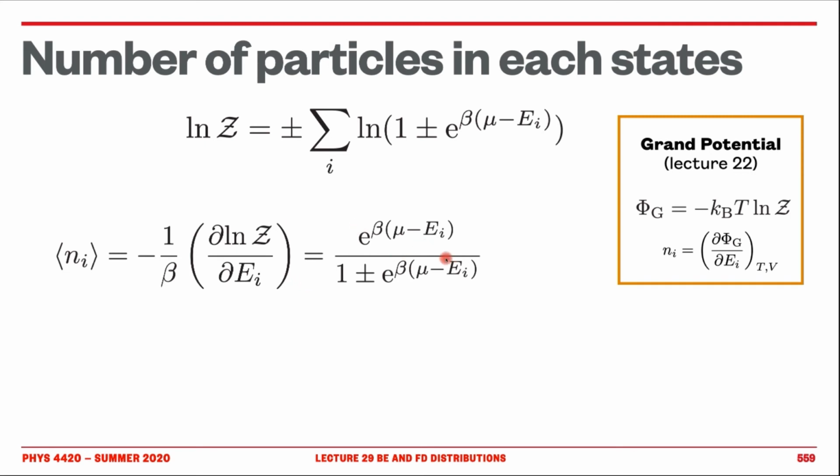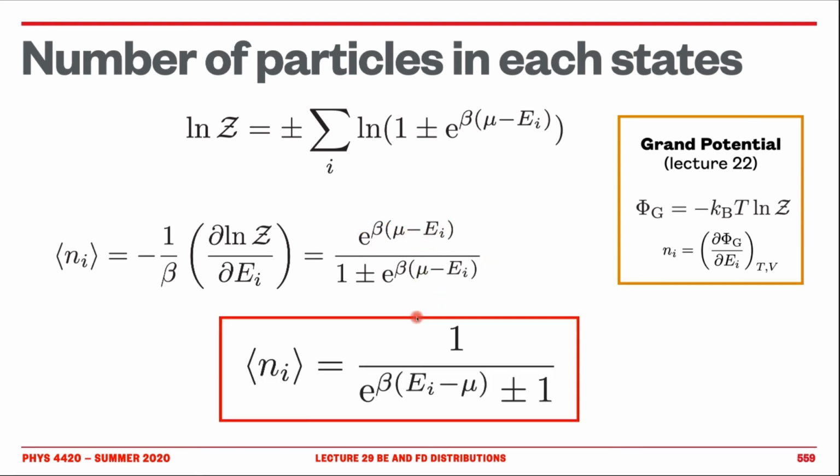And when you do this math, which is fairly elementary, you obtain this here, which you can simplify by dividing by the exponential up and down, and you end up with the average occupation of the state i given by this formula here, with a plus for fermions and a minus for bosons.